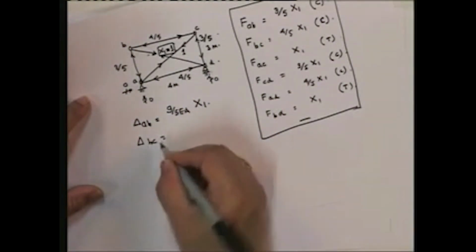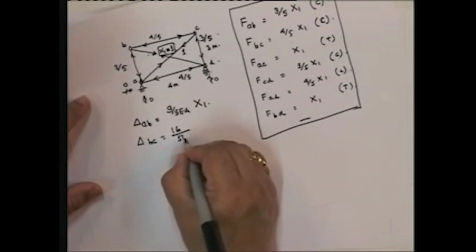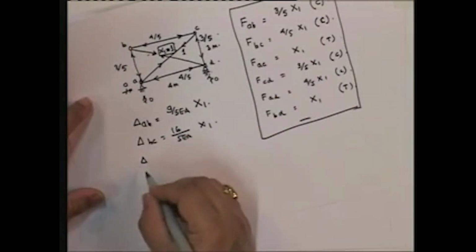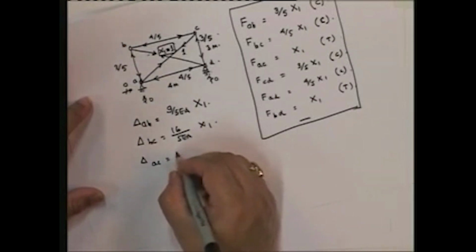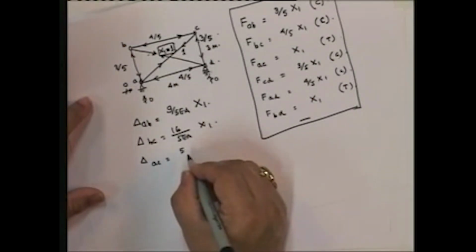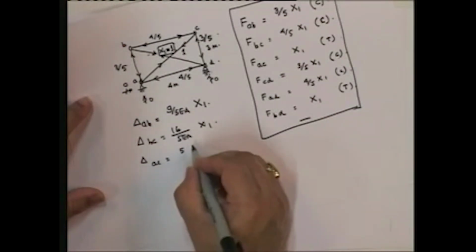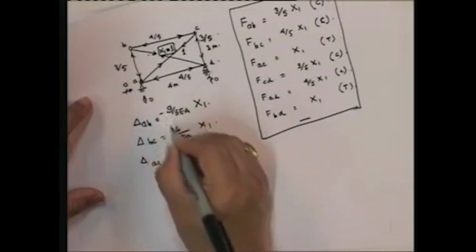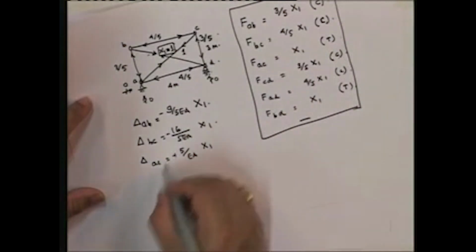Delta BC is going to be equal to 16 by 5 EA x1. Delta AC is equal to 5 upon EA x1. Note that this is negative and negative because these are compression. This is tension, so this is positive.